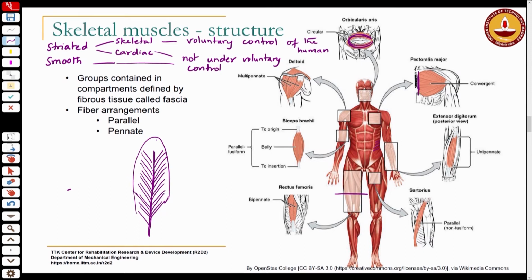Imagine you have this kind of a feather structure. If it is only on one side, this is called a unipennate.